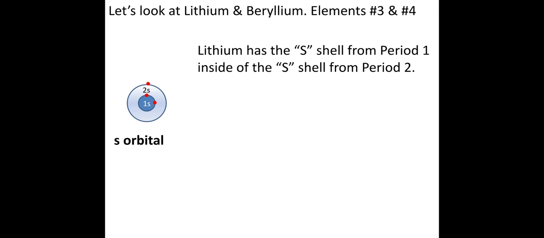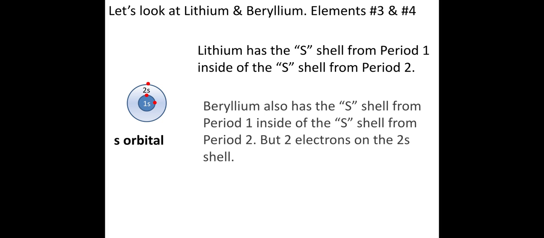Lithium has the S shell from period 1 inside the S shell from period 2. Beryllium also has the S shell from period 1 inside of the S shell from period 2, as you can see how they are arranged in this image, with two electrons on the S shell.